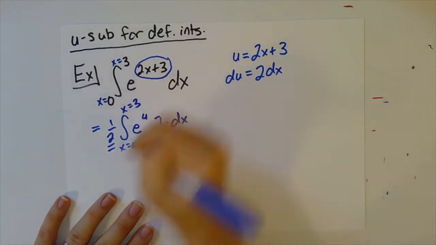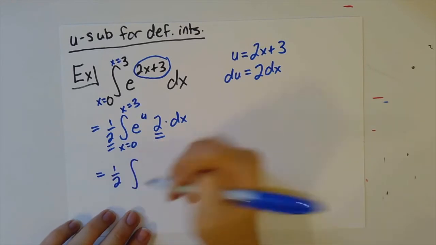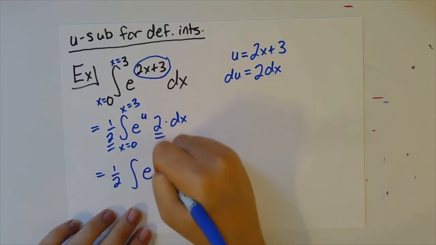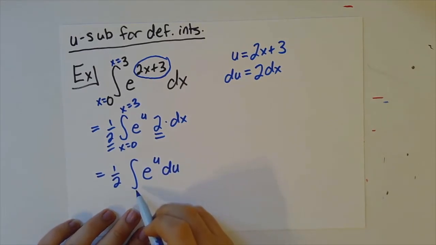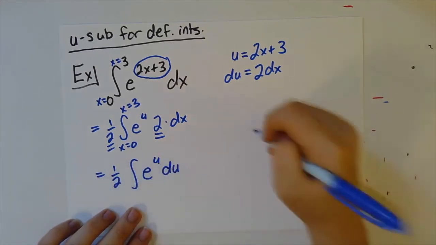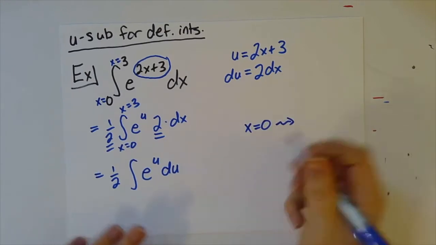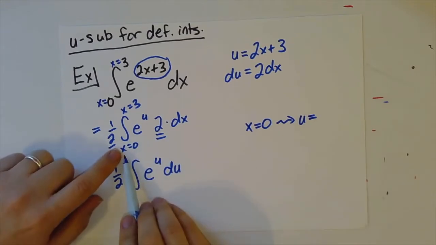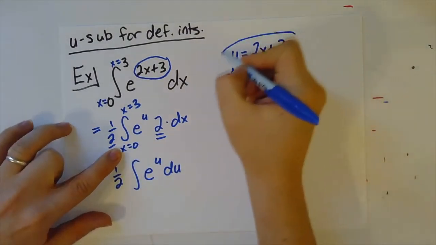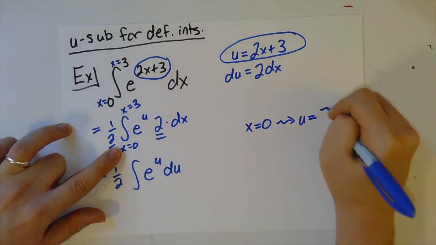Okay, so now I can write this entirely in terms of u, so e to the u du, and now I translate the limits. So x equals 0 becomes u equals what? Well, I plug x equals 0 into my defining equation that explains what u is. And so if x is 0, u is 3.